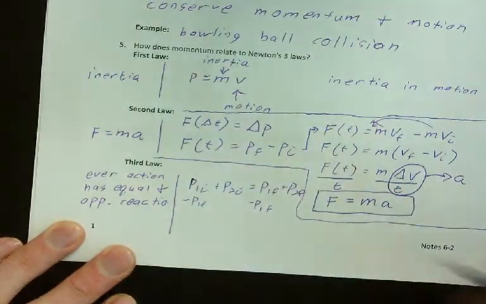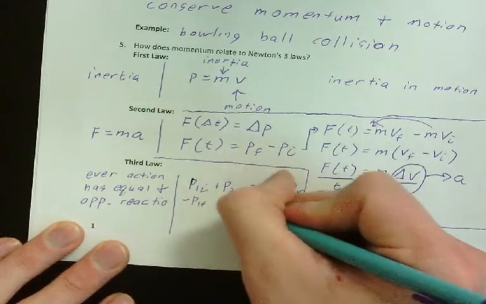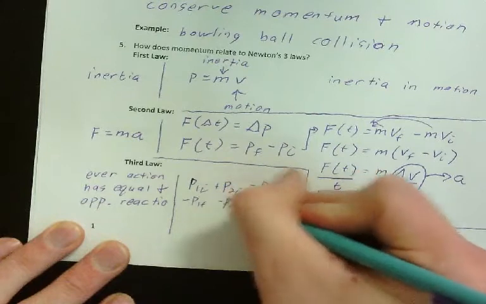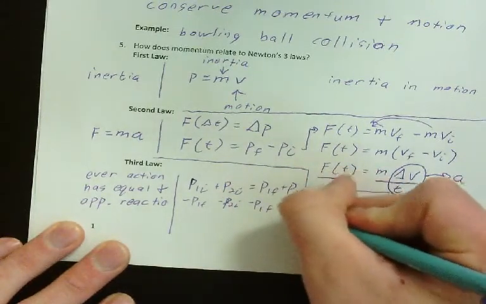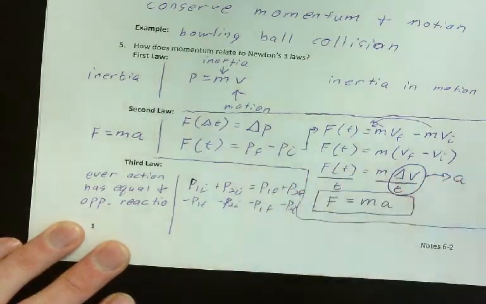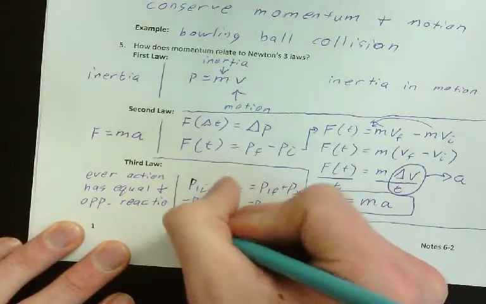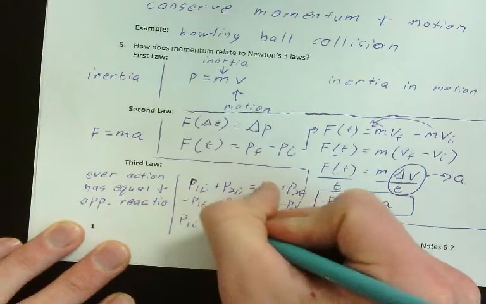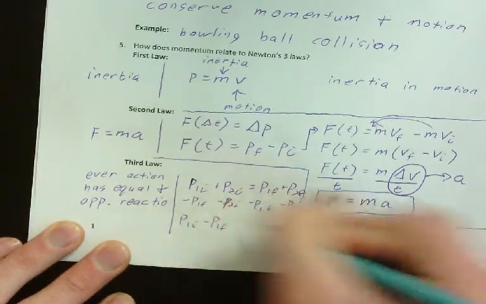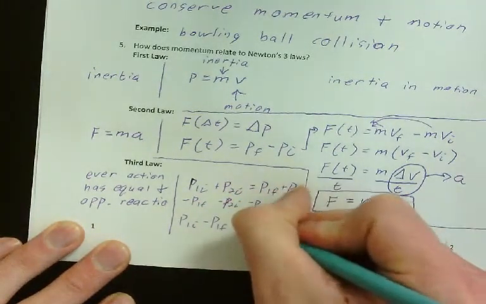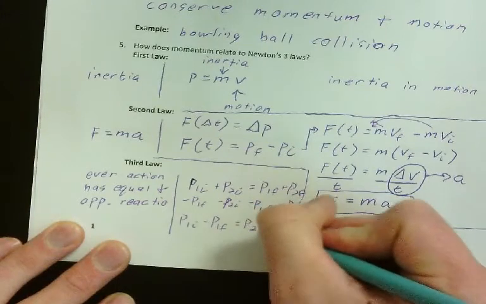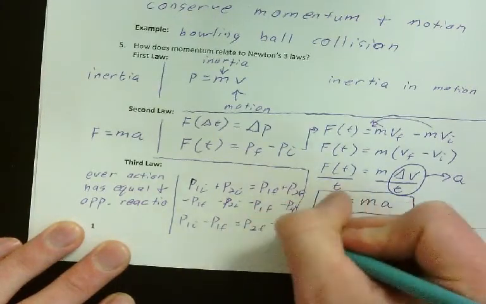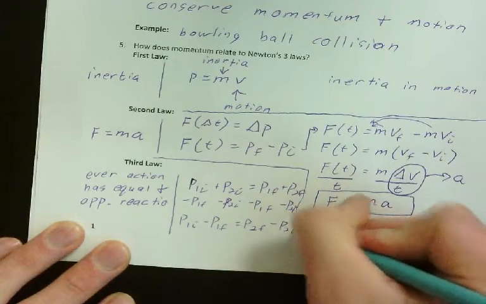Let's get the 2's on the other side. Subtract P2 initial. That gives me P1 initial minus P1 final equals P2 final minus P2 initial.